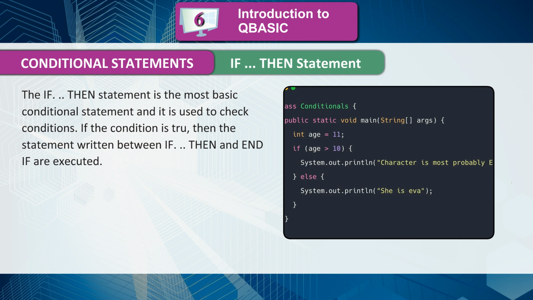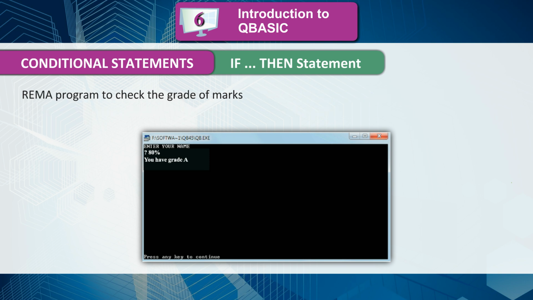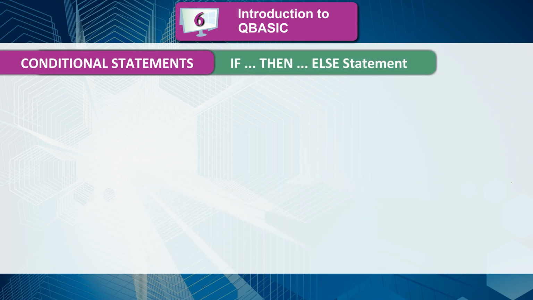If the condition is true, then the statements written between IF THEN and END IF are executed. For example, the following program prompts the user to enter marks. It displays the message "You have grade A" if the marks are more than or equal to 80%. REM a program to check the grade of marks.